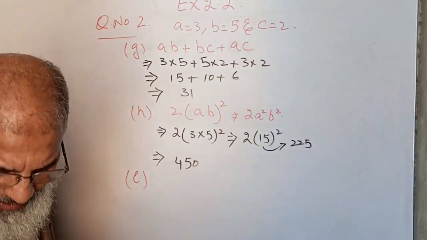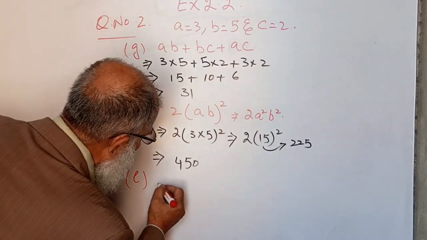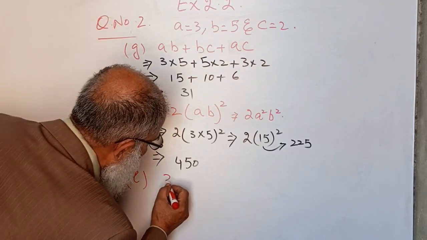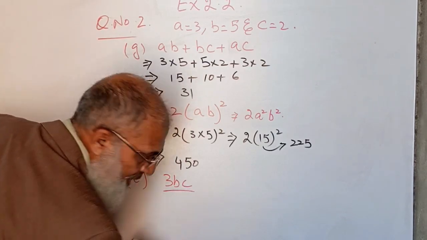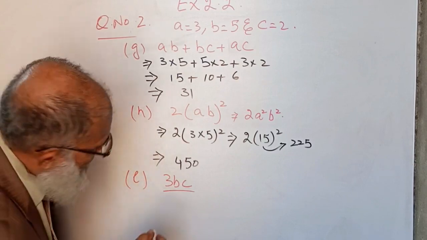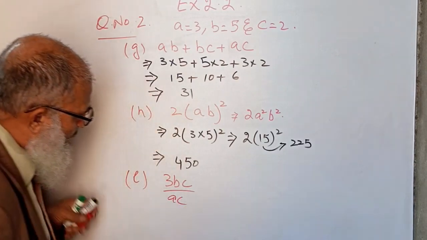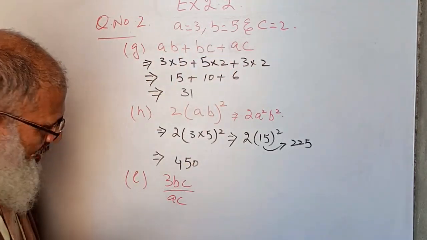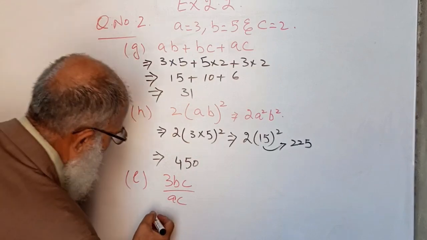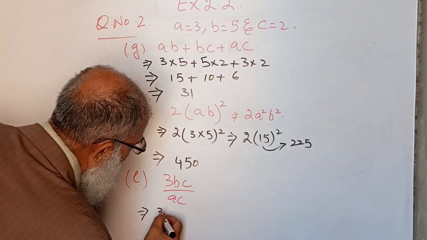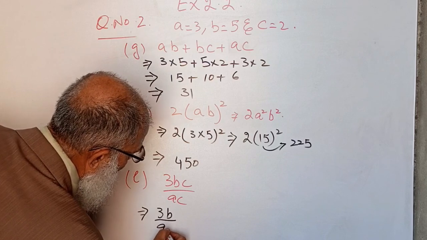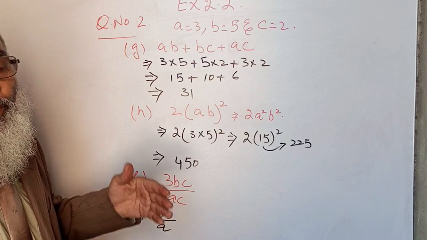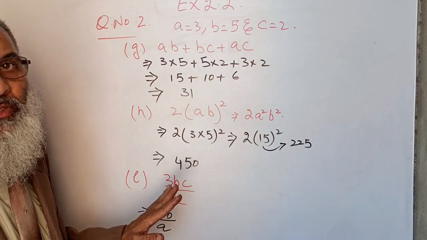The rest are very easy, you can do it by yourself. Now it is 3BC divided by AC. Now my dear students, before going to this substitution, you can write it in simpler form, because I told you to write the expression in its simpler form.